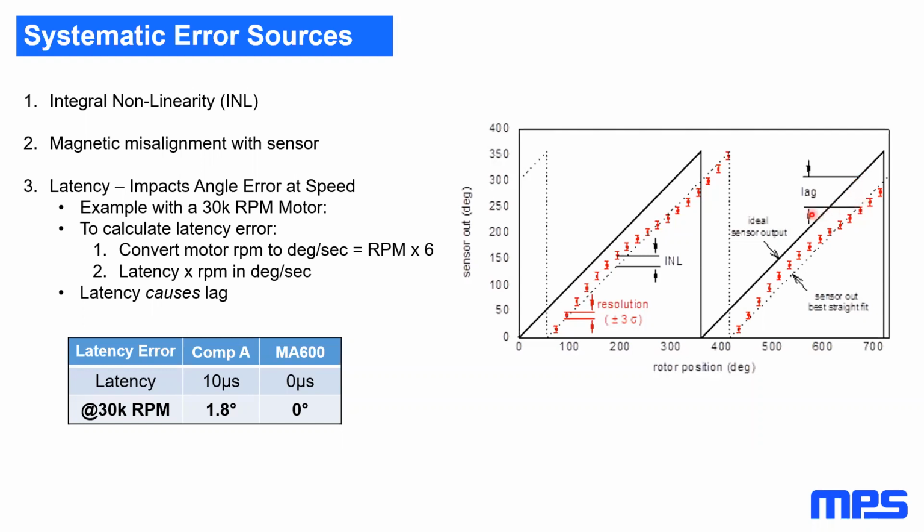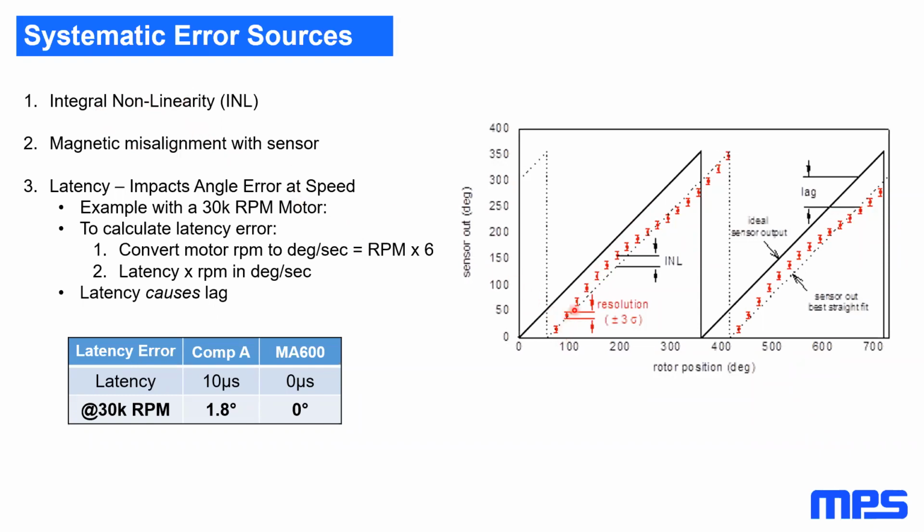In other words, because of the time latency of a sensor's output, the real system has moved on. Since we're running at a consistent speed, the real system has moved on. And so there's an angle lag caused by the time latency. And so that's what this dotted line represents. But the dotted line is still nice and straight. It's 0 to 360, nice and straight, just shifted in time, or you could look at it as shifted in angle.